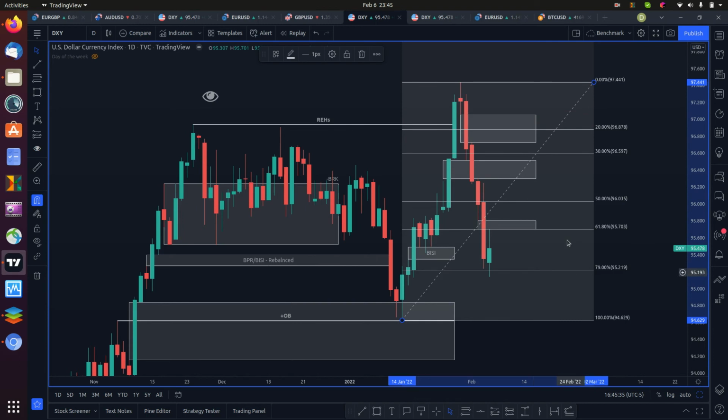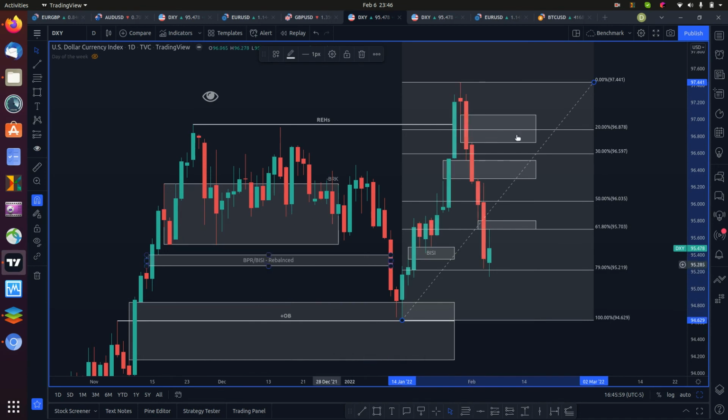So this is discount and premium is up here, and we're already saying that there's SMT divergence, and this has dipped into the 79% retracement optimal trade entry here. You could take a long right here because there's an order block. It has dipped in here, 79% retracement.